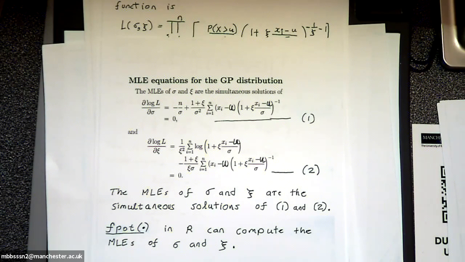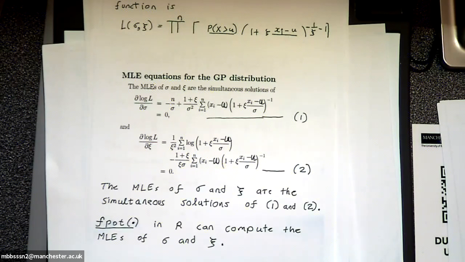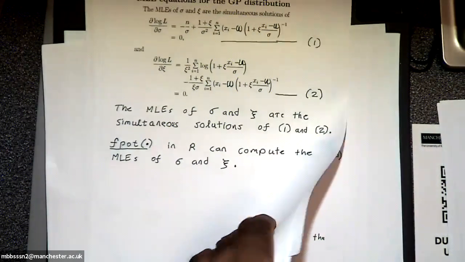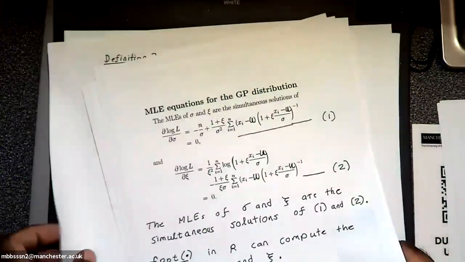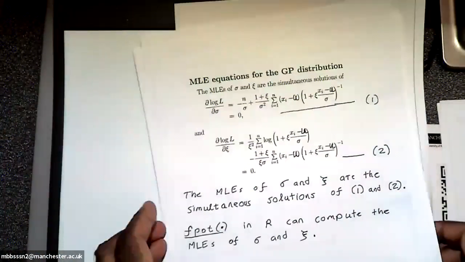You take all the data over the 10 years, which are extreme values, and put them as the input for fpot, right? You know what I'm saying? So that's definition 2, guys.